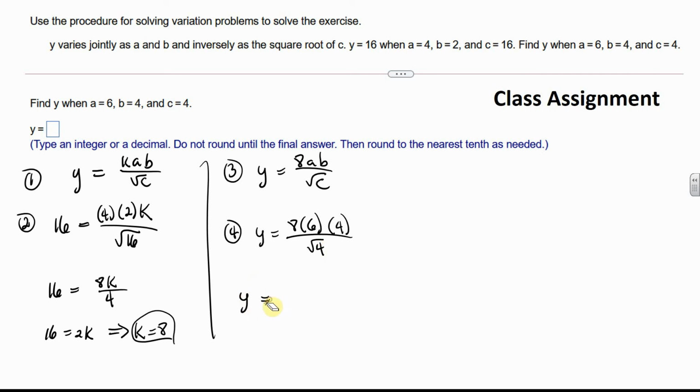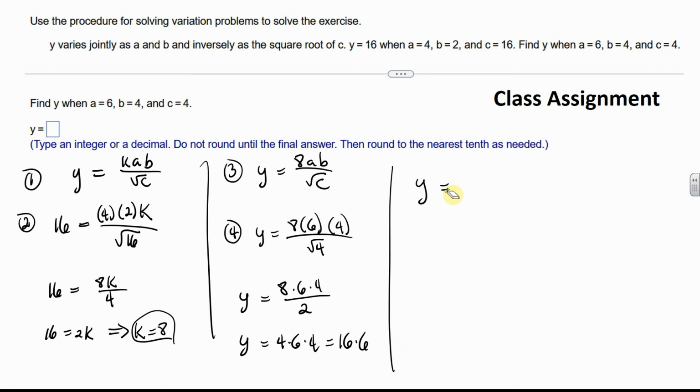So we get y is equal to 8 times 6 times 4 all over 2. And so y is equal to 4 times 6 times 4. That's 16 times 6. And so we get y is equal to, what is that, 96?